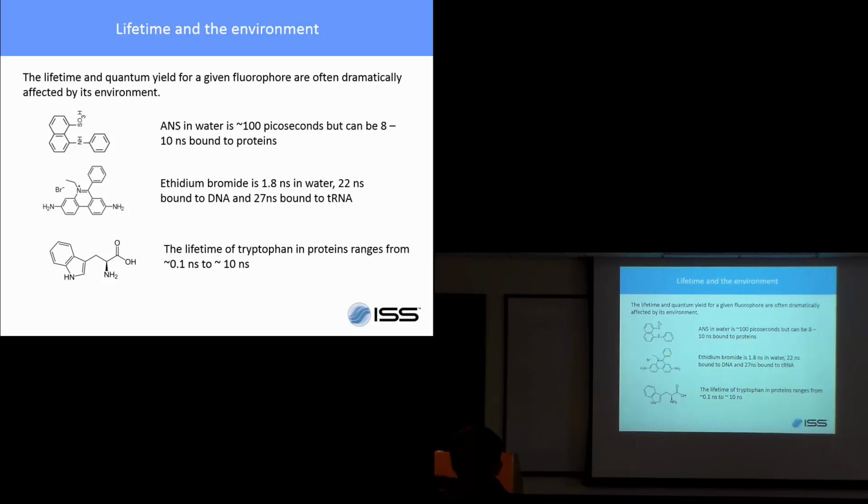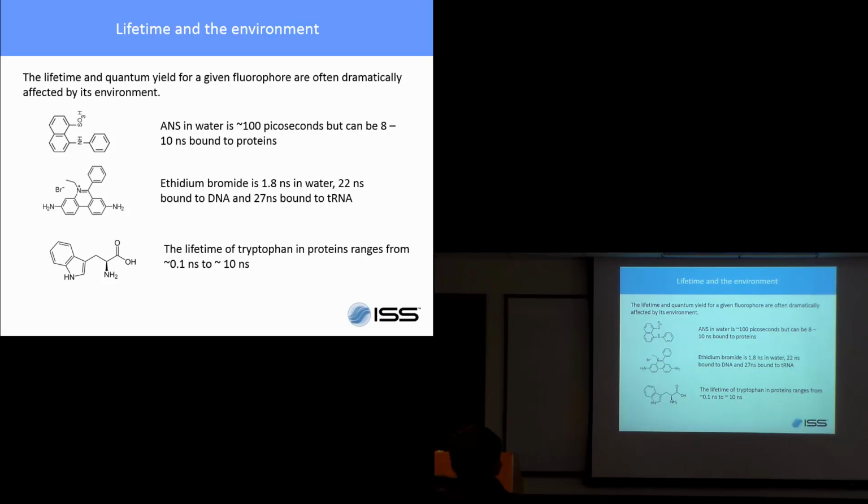The lifetime also changes a lot depending upon the environment. This is ANS. In water, it's about 100 picoseconds, but it can become 10 nanoseconds if ANS is bound to a protein. Ethidium bromide goes from 1.8 to 22 nanoseconds, and 27 when it's bound to tRNA.